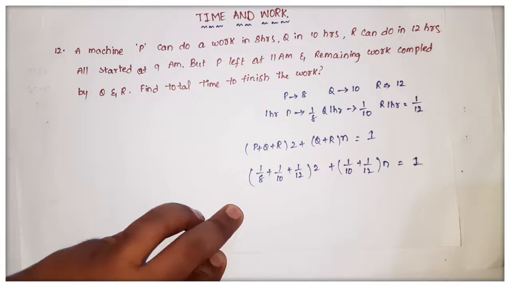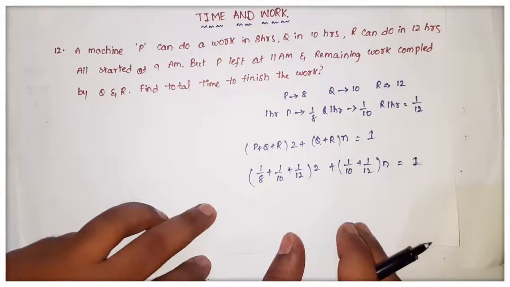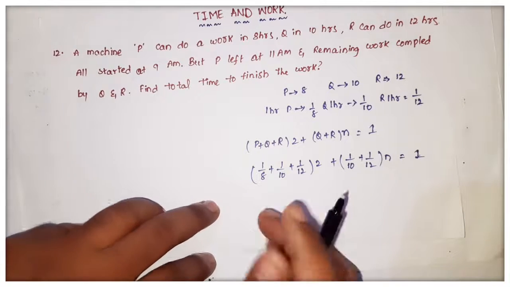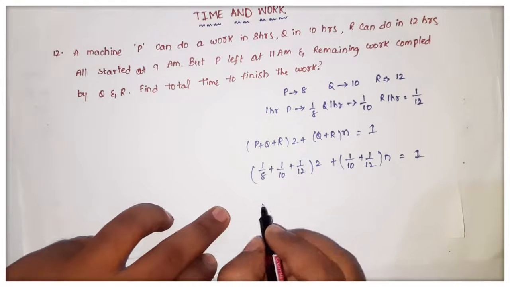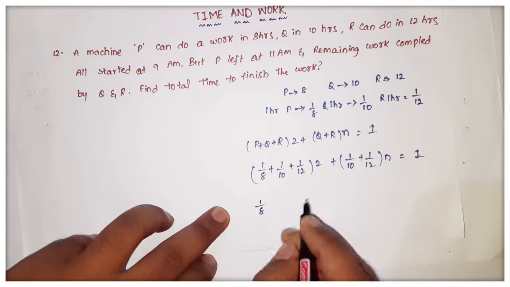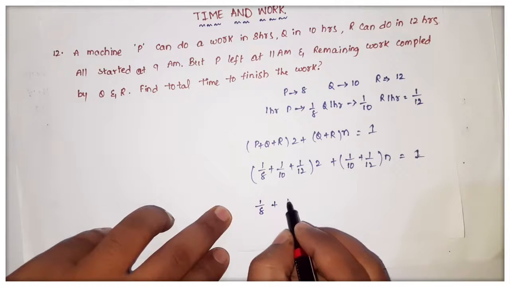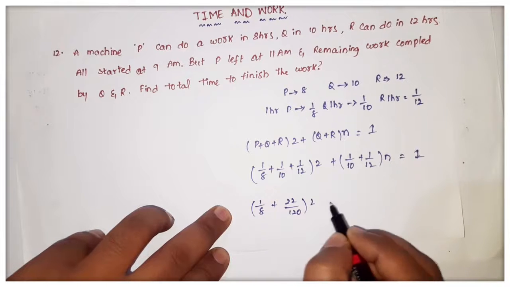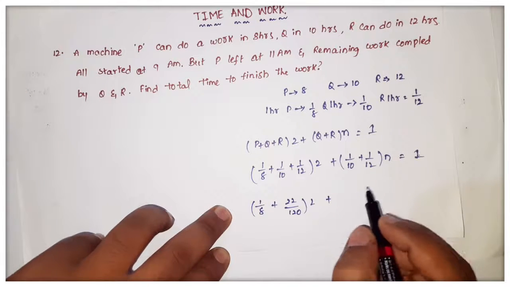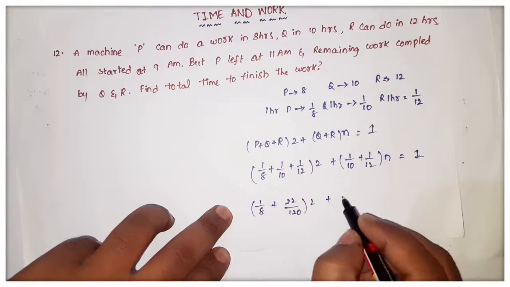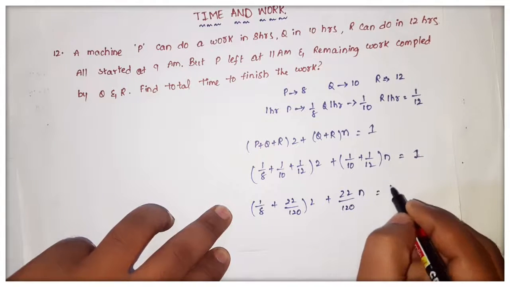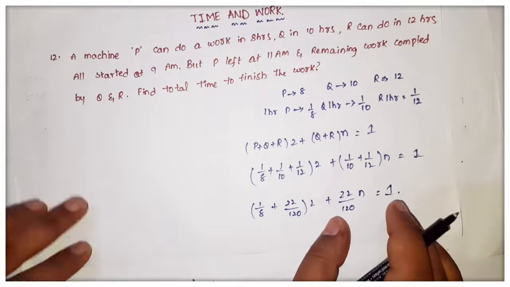So N is nothing but the amount of time taken to finish the work by Q plus R. If we solve for that, 1 by 8 plus 22 by 120 into 2 plus 22 by 120 into N equal to 1.